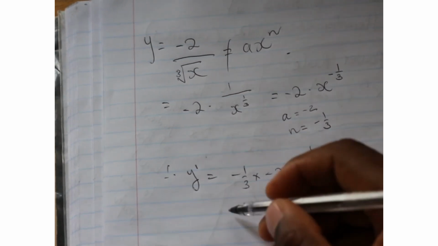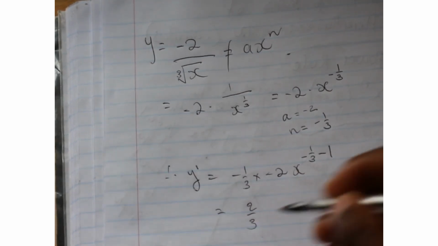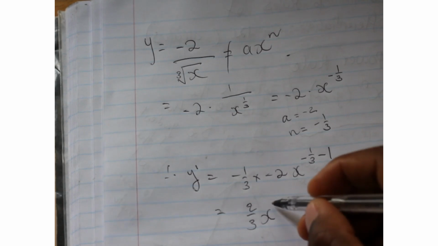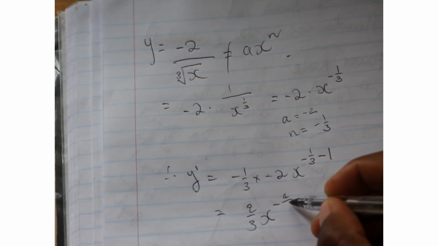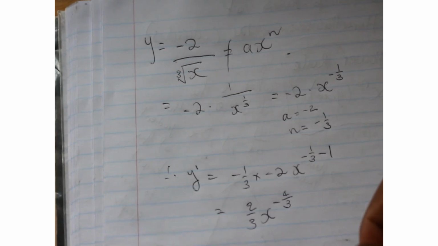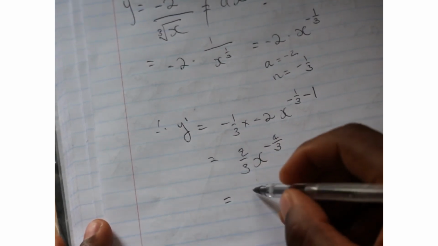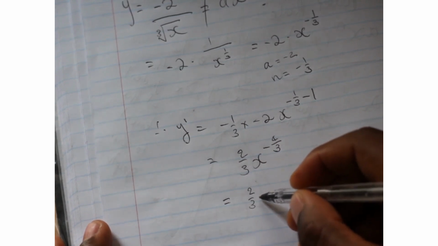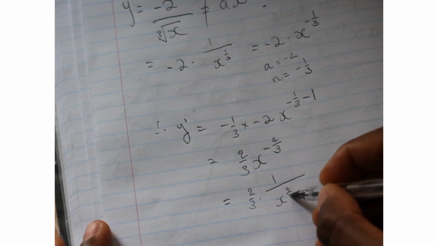Okay, so then this becomes what? 2 over 3 x to the exponent minus what? Minus 4 over 3. Right, and obviously if they ask you to leave your answer with positive exponents, you'd say okay, 2 over 3 times 1 over x to the 4 over 3.